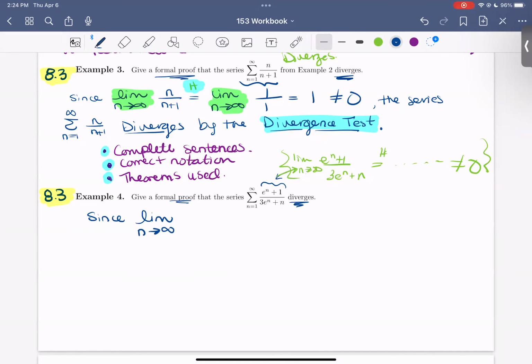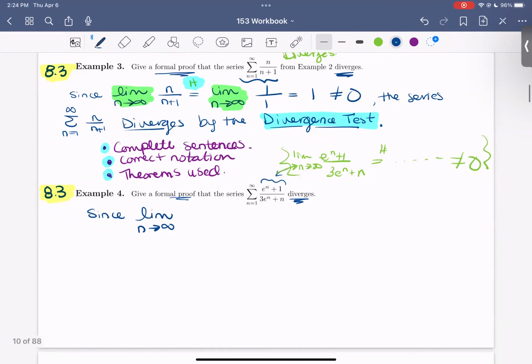All right, so then that would look like, since the limit as n goes to infinity of (e^n + 1) over (3e^n + n) is equal to, now notice, as n goes to infinity, the numerator goes to infinity and the denominator goes to infinity. So by L'Hopital's rule, that's equal to the limit as n goes to infinity of, the derivative of e^n + 1 is just e^n.